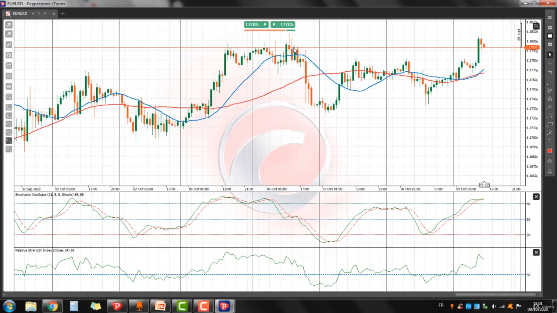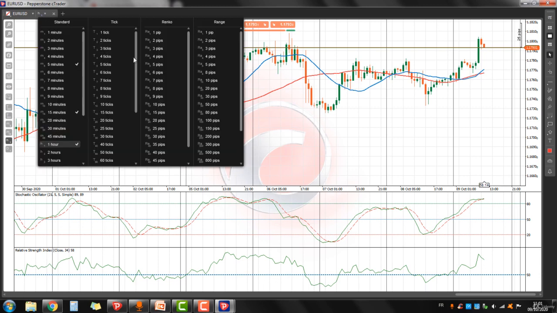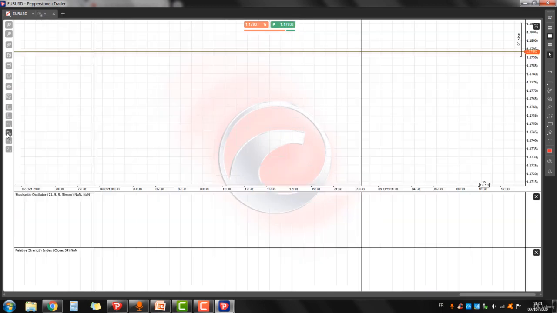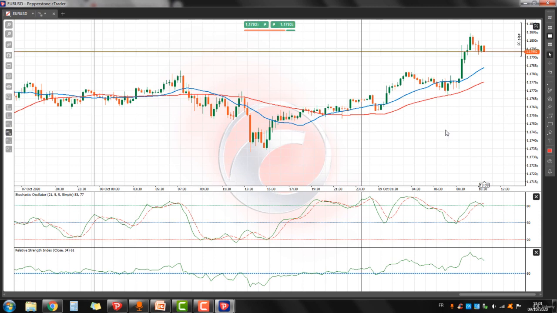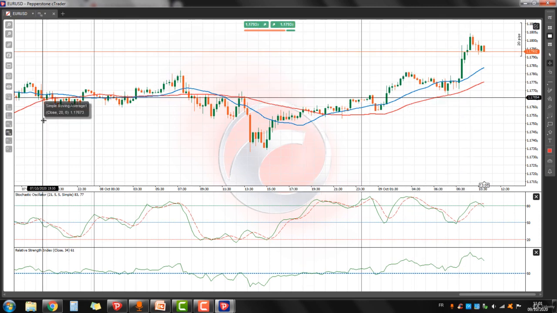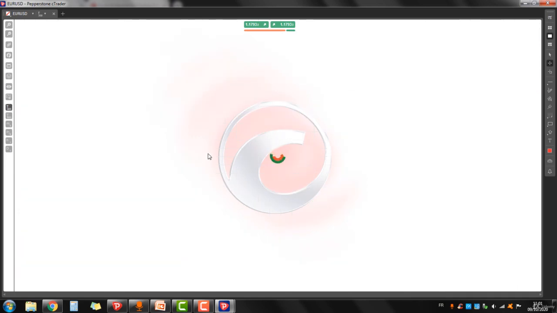So this is the cTrader platform. We are here in the EUR/USD chart at the H1 time frame. So let's see the M50 time frame, and let's look at the 300 ticks.